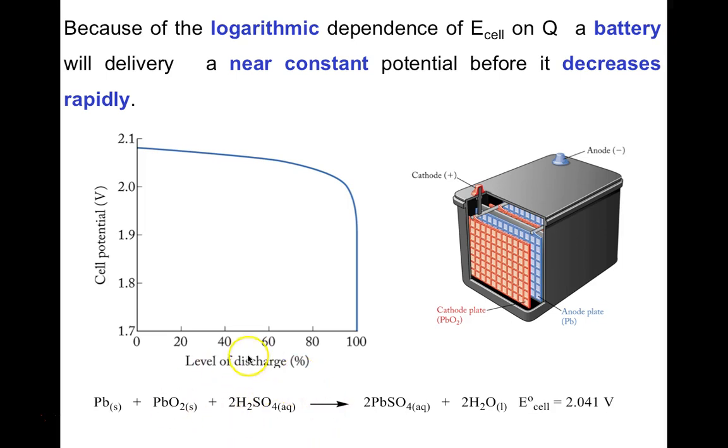The whole thing is immersed in sulfuric acid, and that gives it its name as the lead acid battery. The products of this reaction are lead 2 sulfate and water, and it has a cell potential of a little over 2 volts. So in your car you have a 12-volt battery, and that's because they've got 6 of these cells connected to one another, 6 times 2, giving you 12 volts.